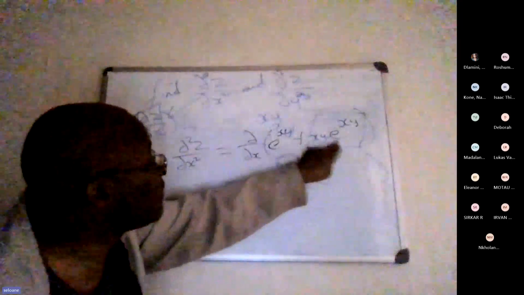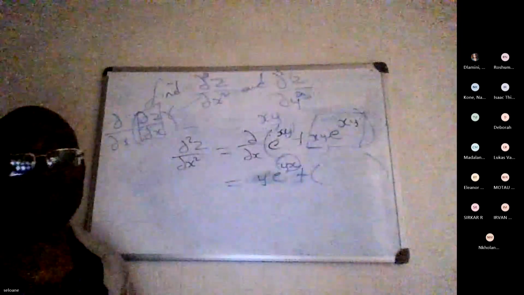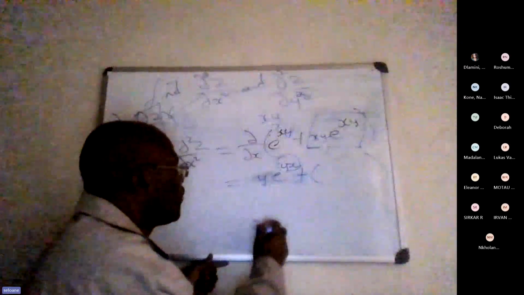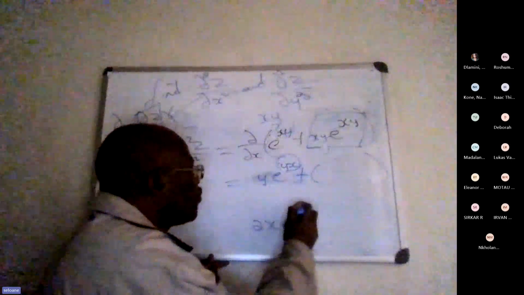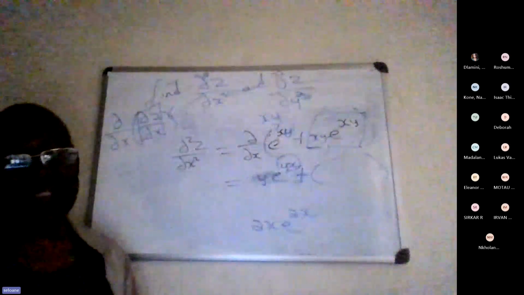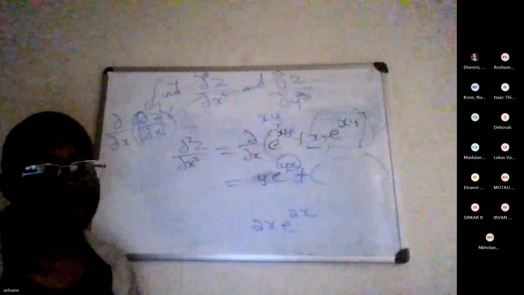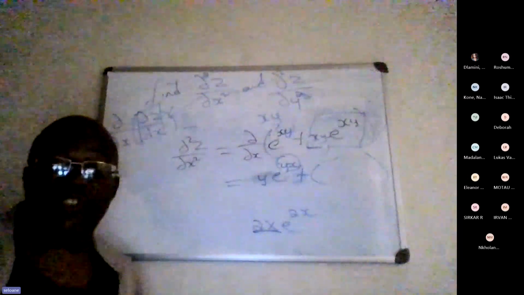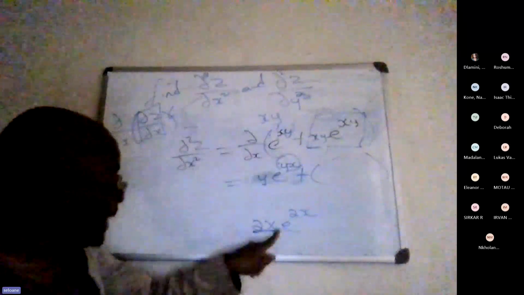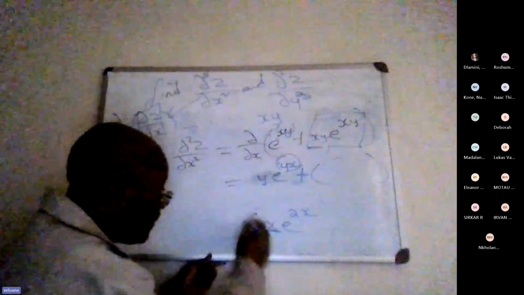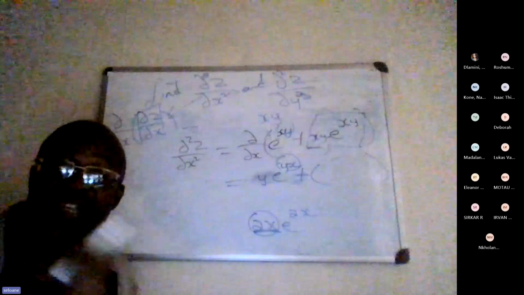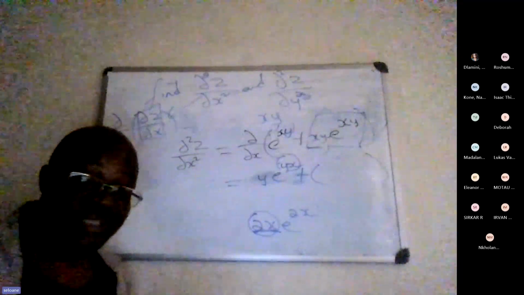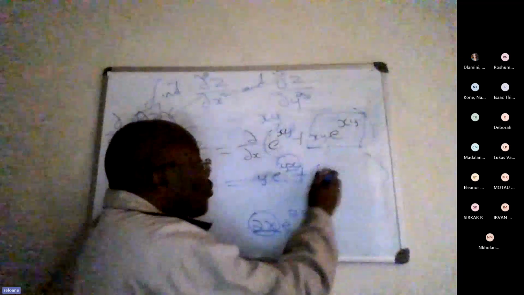Then what is the derivative of this product? It's like differentiating 2x e exponent 2x. Then it will be the derivative of this, which is that constant. Here, our constant is y.